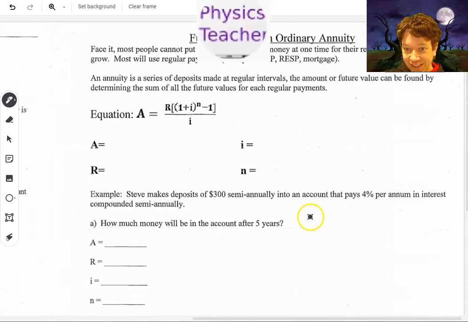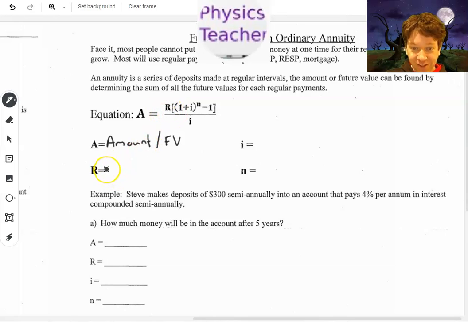So if we're to write this as some sort of equation, it's a little bit more complicated than our previous equation, but what we get is A, which you can think of as amount, but we also call that, if you want, future value, which we've talked about. It's how much money we will have later.